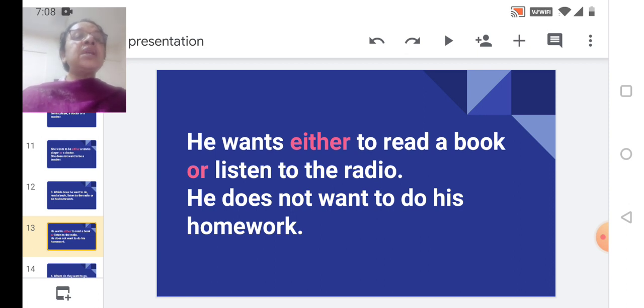He wants to read a book. He wants to listen to the radio. But what he does not want to do, he has opted out, is he does not want to do his homework. So, we have made use of the word either and or. In the first sentence, he wants either to read a book or listen to the radio. Then second sentence, he does not want to do his homework.